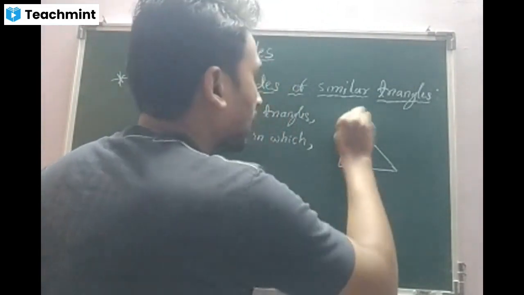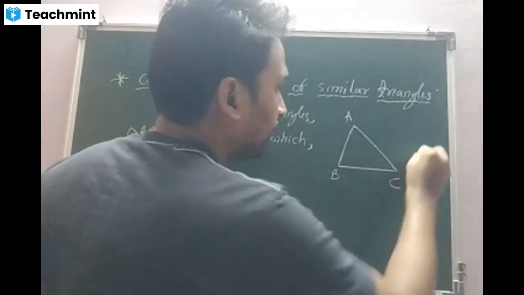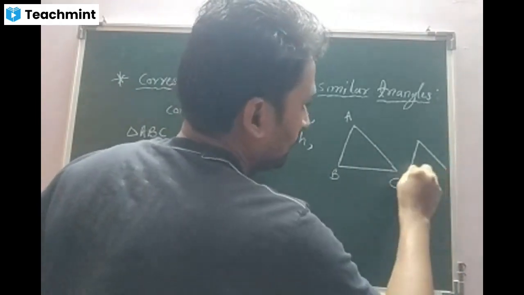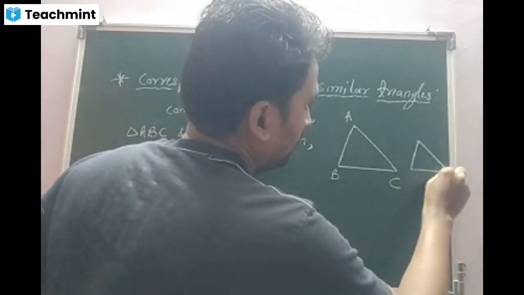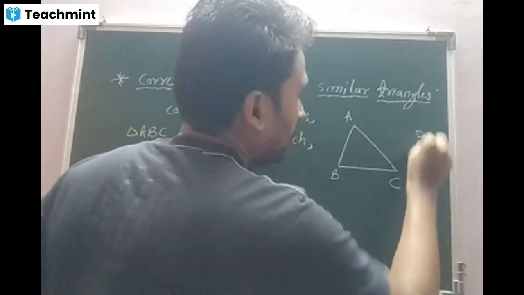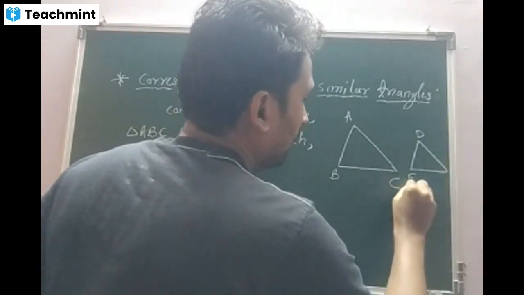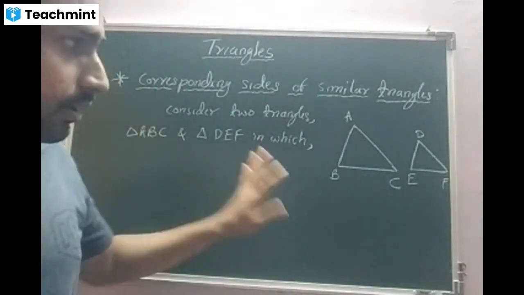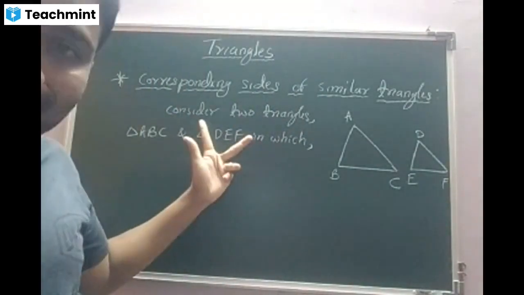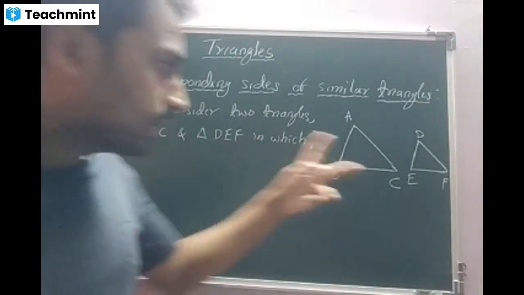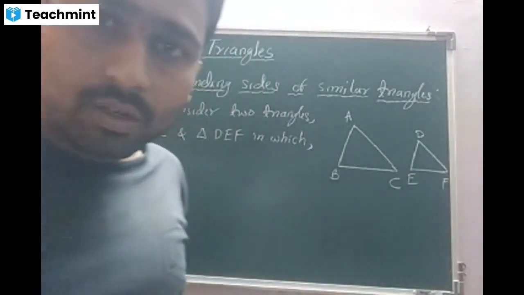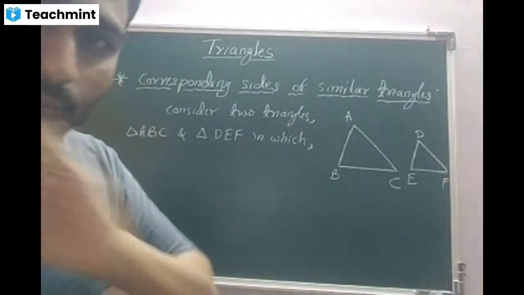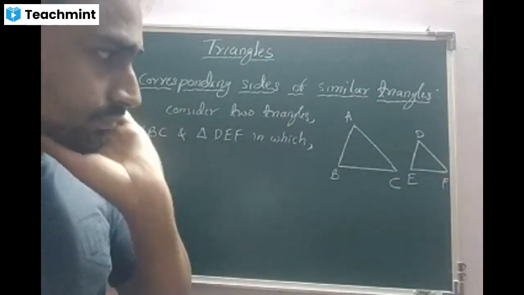I'm taking one triangle ABC, the other triangle DEF. According to the concept, I have taken two triangles, ABC and DEF, which are similar. You can see the size is different, but the shapes are exactly the same. Correct, beta? Yes, sir.